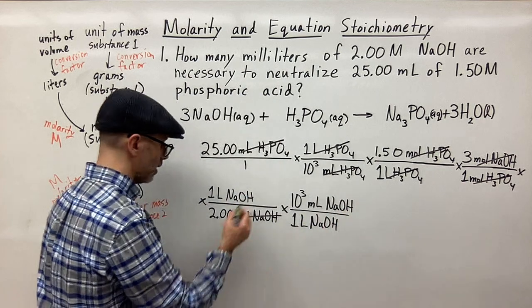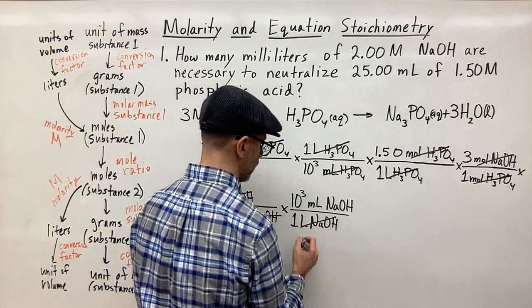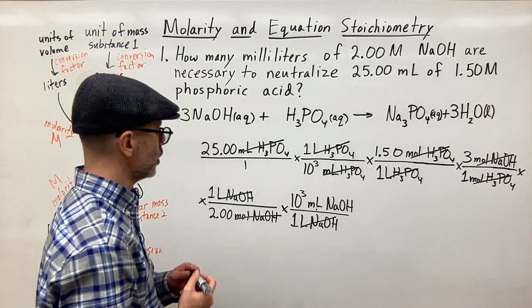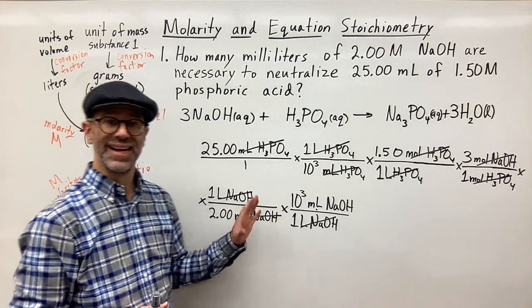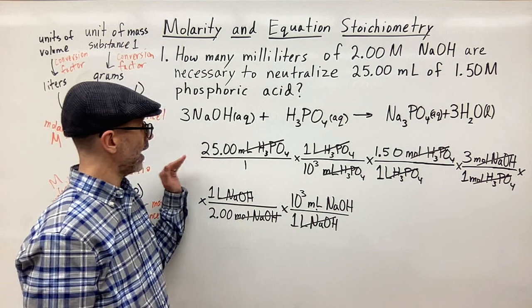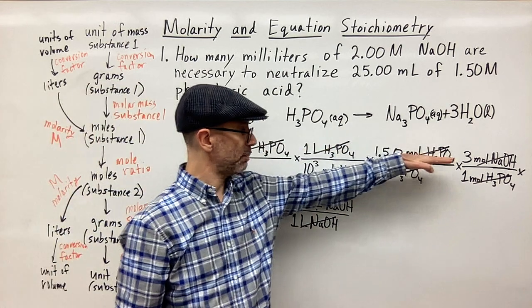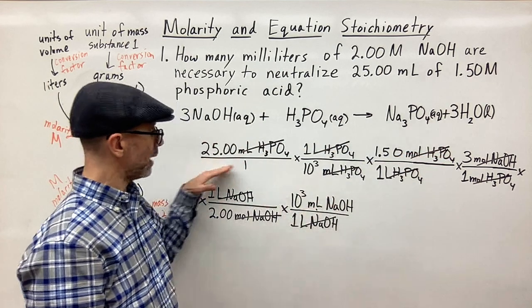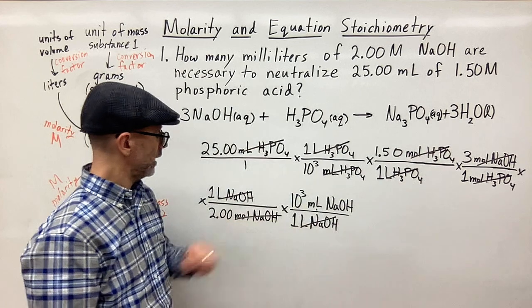So liters of the NaOH cancel out. Now I have milliliters, and so now I am done with the setup. So now all I have to do is multiply across the top, divide by everything on the bottom, and I get my answer.